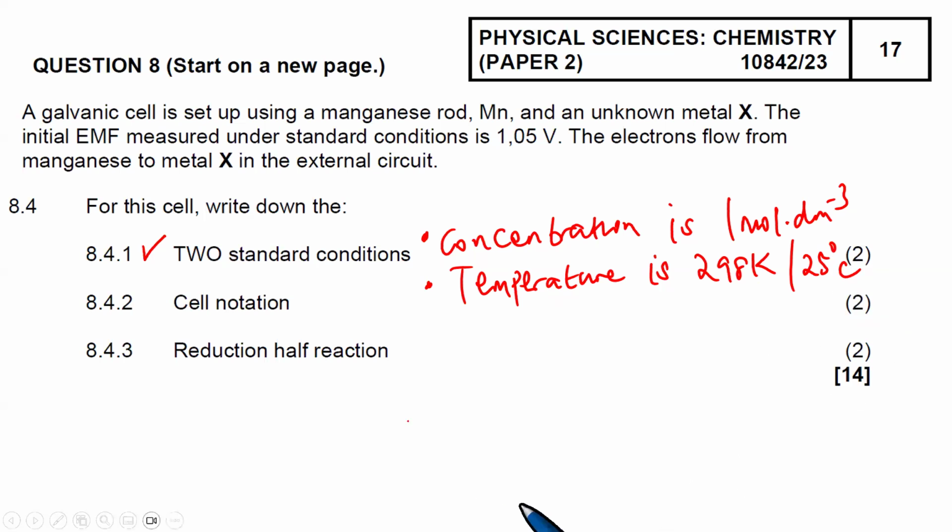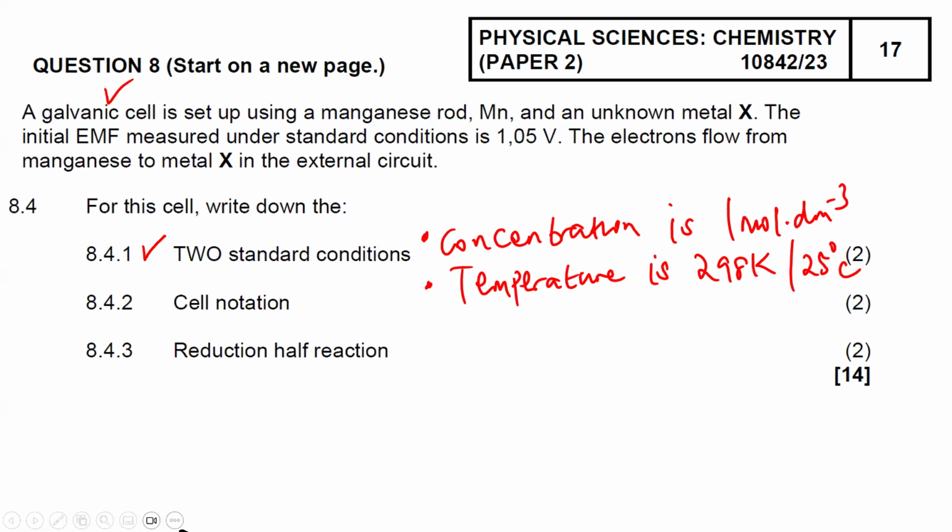These are the standard conditions, but they want two of them. Please, students, make sure you remember your standard conditions. The concentration is 1 mole per cubic decimeter. The temperature is 298 Kelvin, or you can say 25 degrees Celsius as well. These are the standard conditions when we're doing galvanic cells. Pay particular attention to these, grade 11s and the matrix.